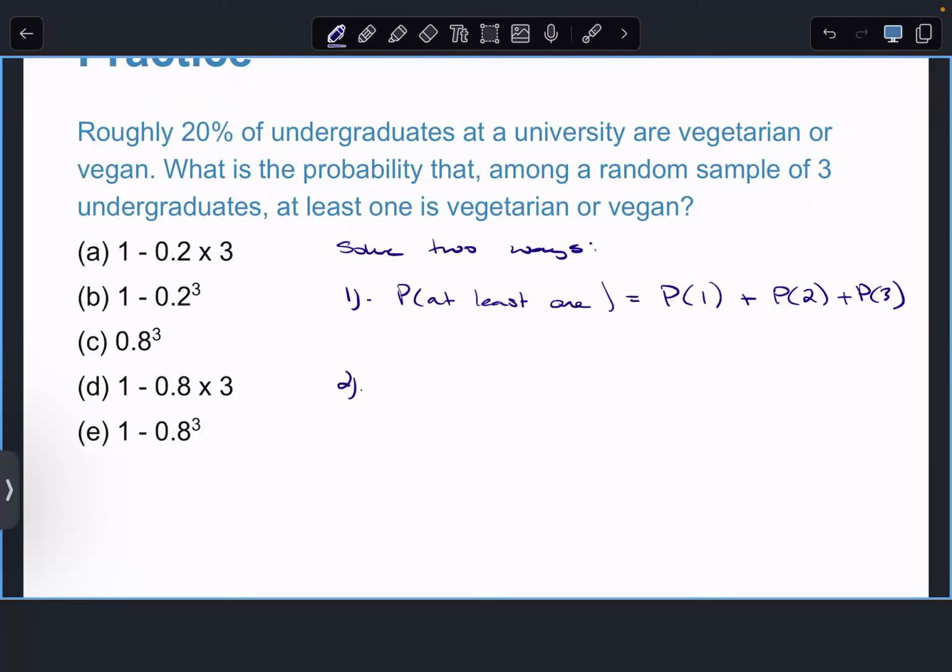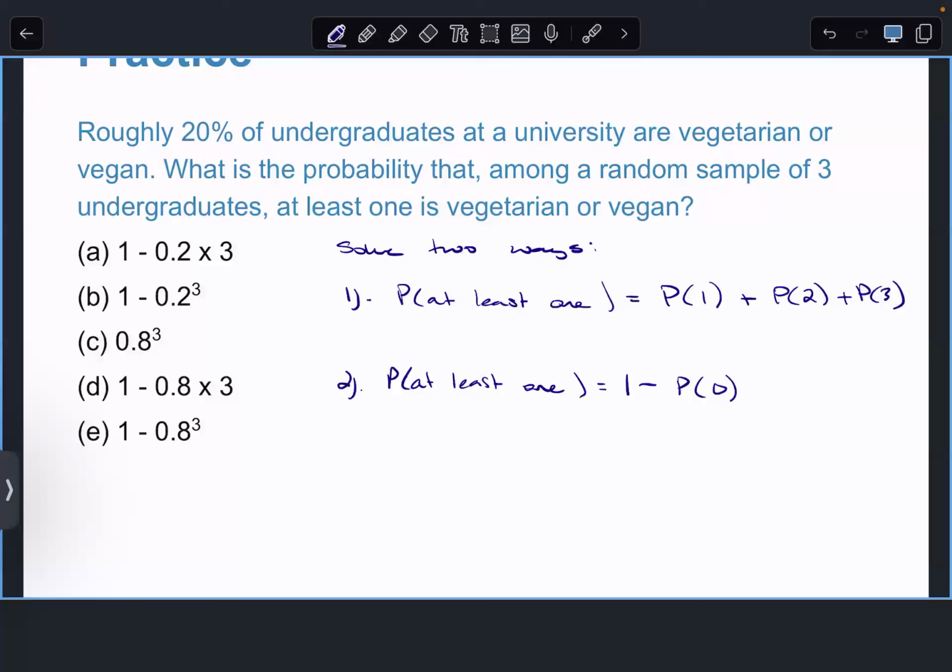Or the probability of at least 1 is 1 minus the probability of 0. Right? Just take away the one that you don't want from the total sample space of 1.